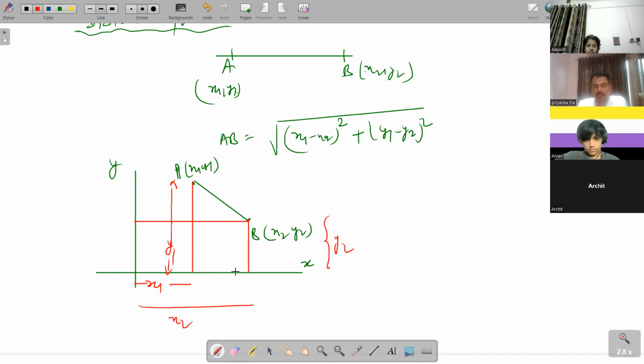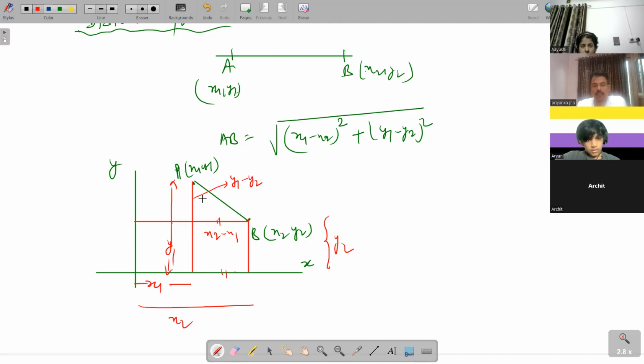Now if I find this distance, it should be written as x2 minus x1, since this and this are parallel and equal in length. And this distance would be y1 minus y2.